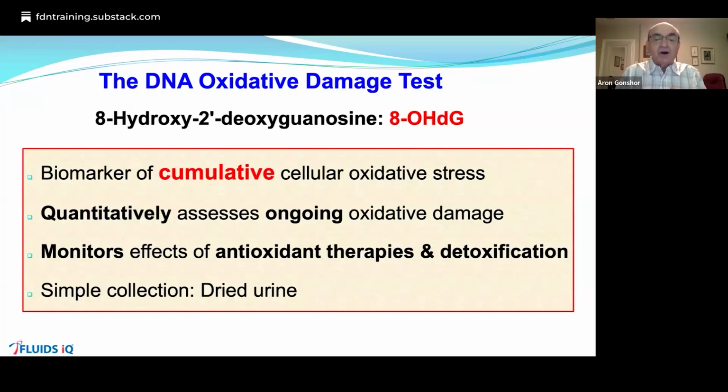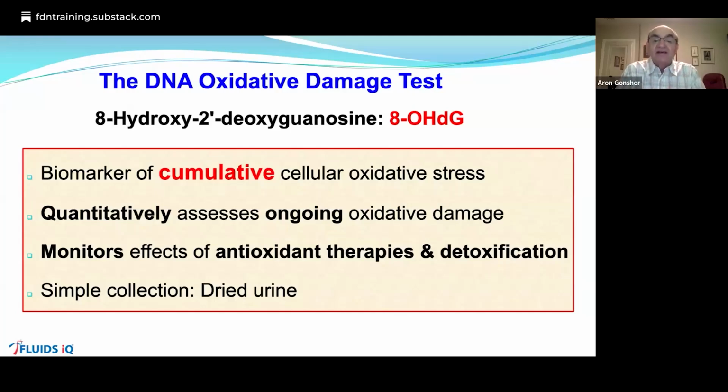Now, it is a biomarker of, and I've put this in red, of cumulative cellular oxidative stress. This is the important part. You want to know how much oxidative stress is accumulating in the cell. So it is a chronic marker, not an acute marker. If it was an acute marker, it would be changing by the minute, and then it becomes very difficult to really know what is going on over time in the cell.